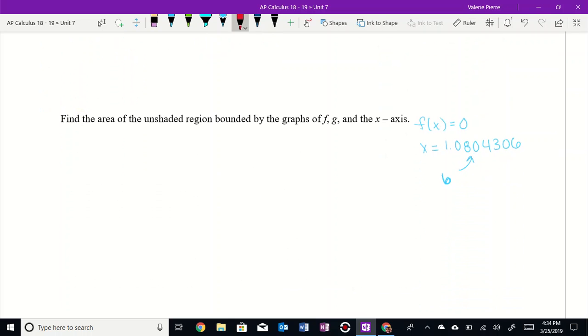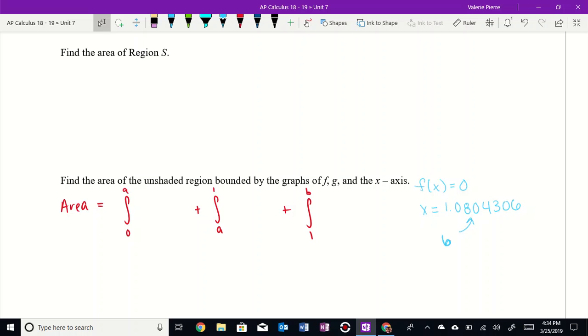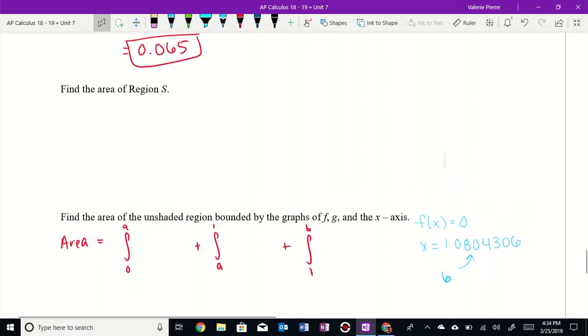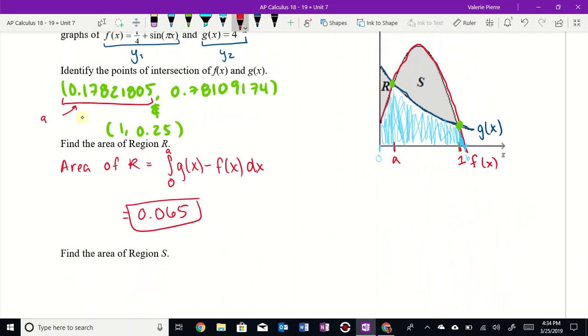So our area is equal to the integral from 0 to A, we'll fill this in a second, the integral from A to 1, and the integral from 1 to B. Since we want the area below the curve here, we need to figure out which function we are looking at each time.